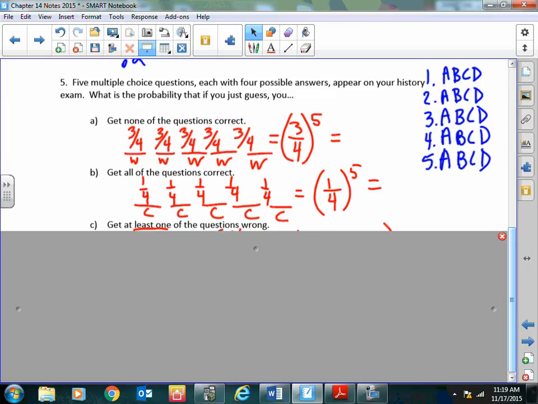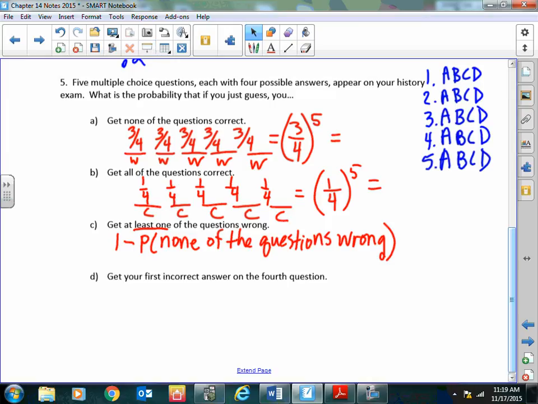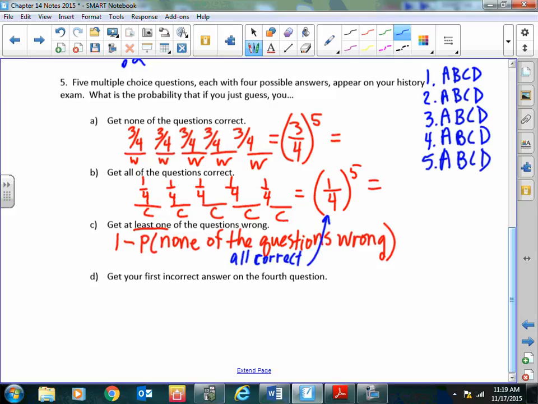None of the questions are wrong. 1 minus the probability that none of the questions are wrong. Okay, so what would that look like if none of them are wrong? Isn't that they're all right or all correct? Which we saw right here. So it's 1 minus 1/4 to the 5th power.